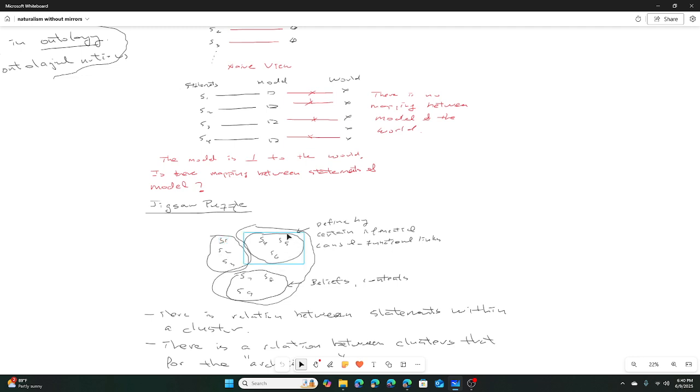We could group all the statements related to conditional probabilities. We could define it by certain inferential, functional links between the statements, and that's the condition that says these statements are part of one cluster.